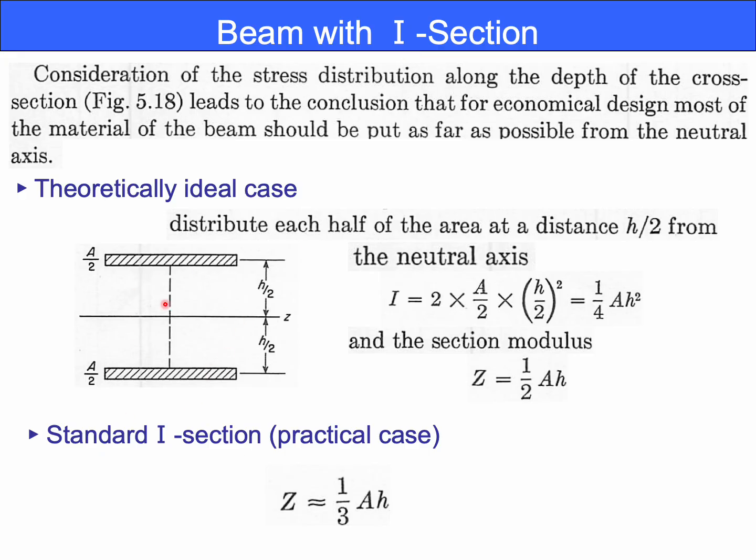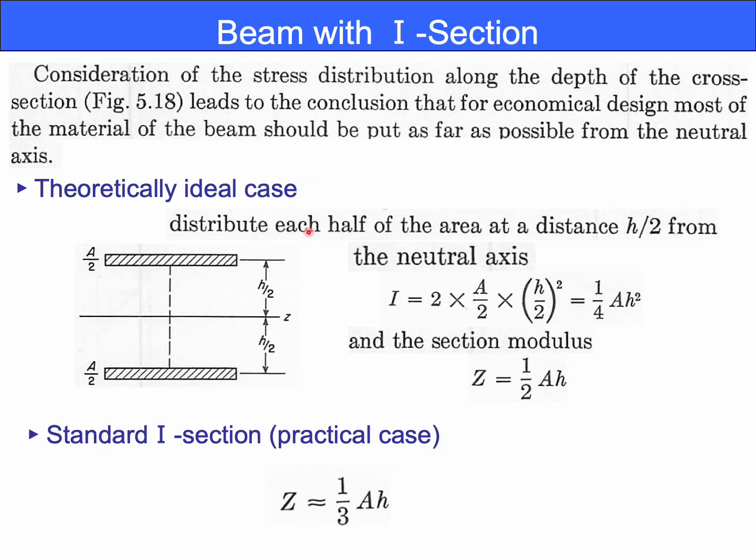Look at this idealized picture. There's no material near the centroid, the neutral axis. The total area is divided into A over 2 at the top and A over 2 at the bottom. The distance from the neutral axis to each area is h over 2.